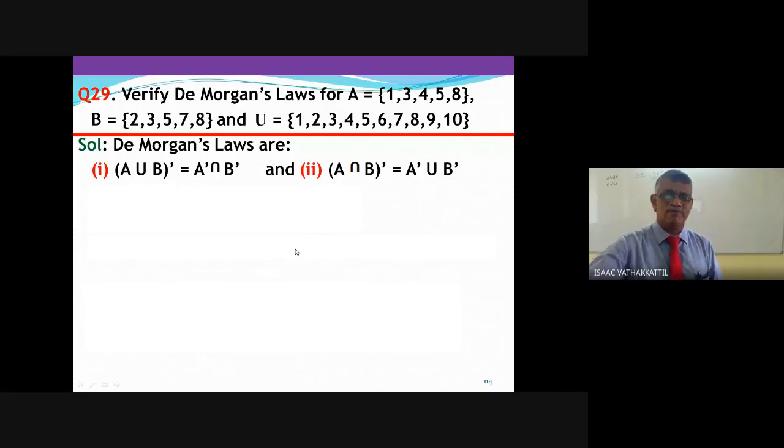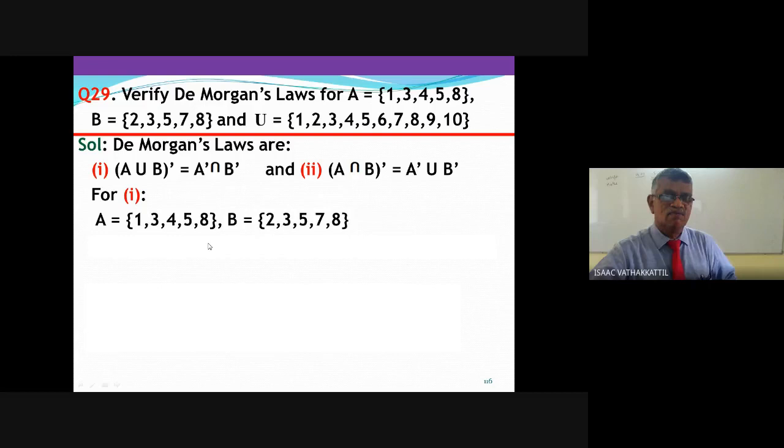How do you verify it for the first? First you find A union B. Your universal set is 1 to 10, no problem. A union B will be 1, 2, 3, 4, 5, 7, 8. That is A union B. What is A union B dash?